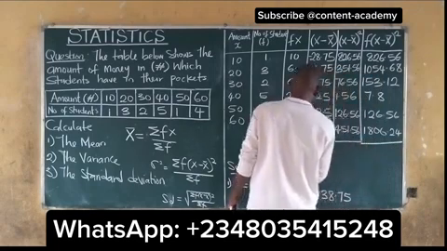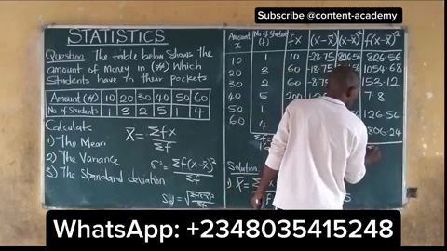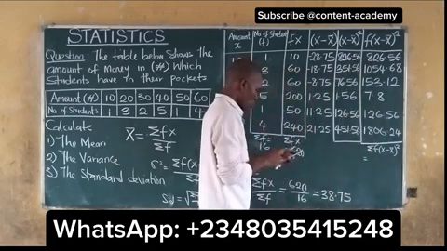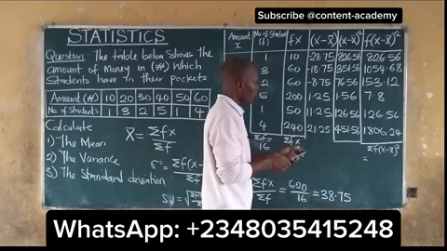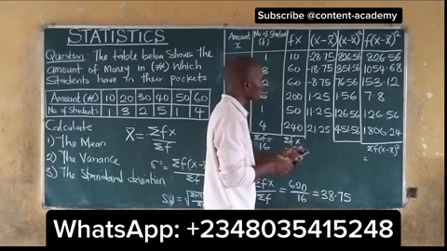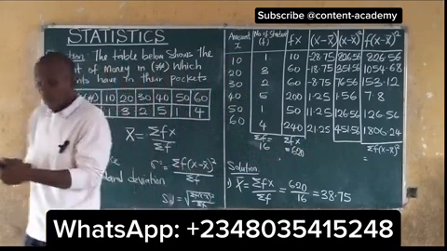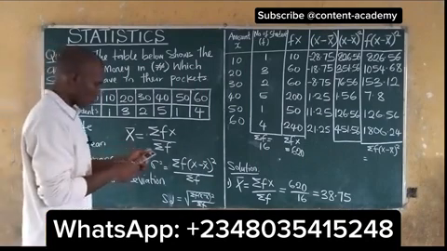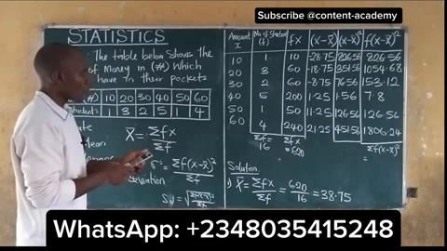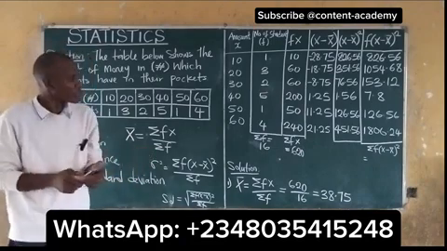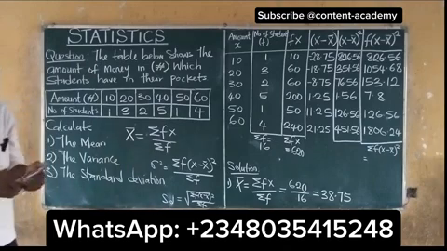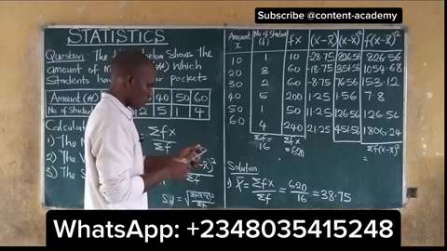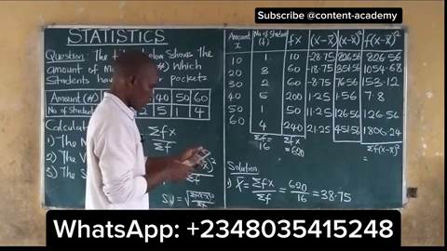So we need the total for all of this. The summation of f of x minus x bar all squared is equal to 826.56 plus 1054.68 plus 153.12 plus 7.8 plus 126.56 plus 1806.24.